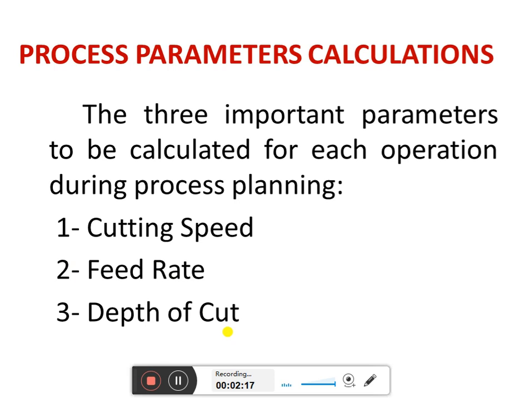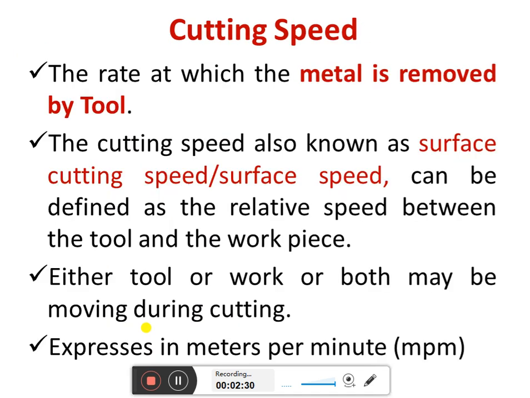Then process parameter calculation. The three important parameters to be calculated for each operation during process planning are cutting speed, feed rate, and depth of cut. Cutting speed is the rate at which the metal is removed by the tool.